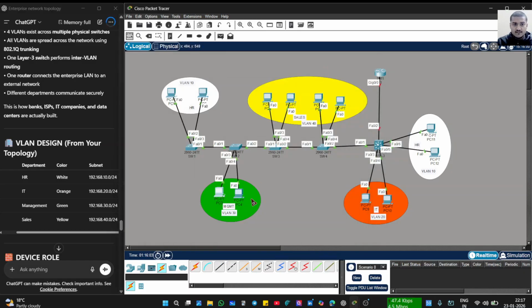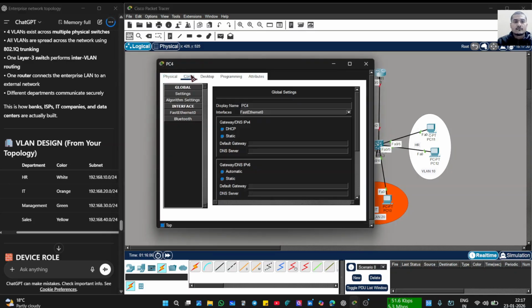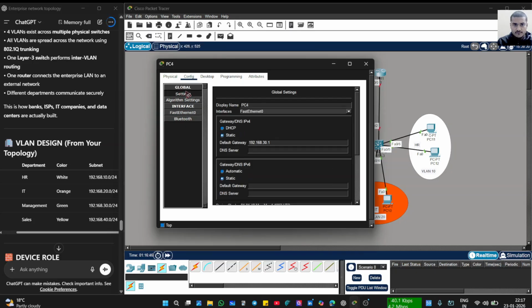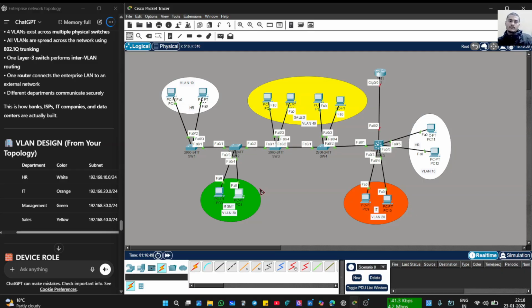The second would be 11, like 192.168.30.11, not 1 actually, this should be 11, since 1 is the gateway address. Now it's all done with VLAN 30.